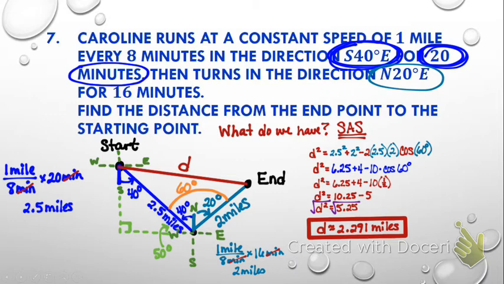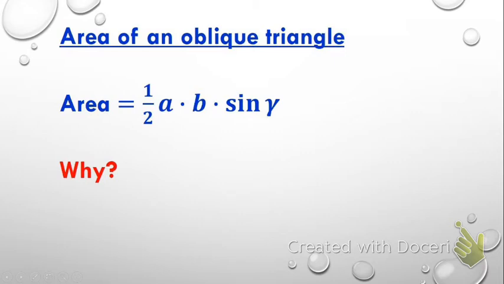All right. So what did you guys tell me the area formula was for a triangle? 1/2 base times height. Here's a new one. This formula here: 1/2 a times b times sine gamma.